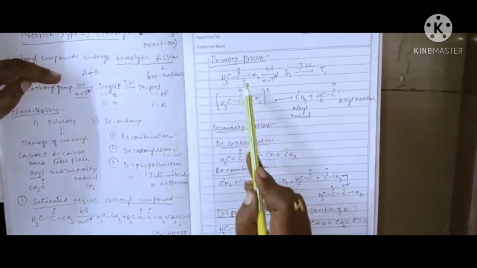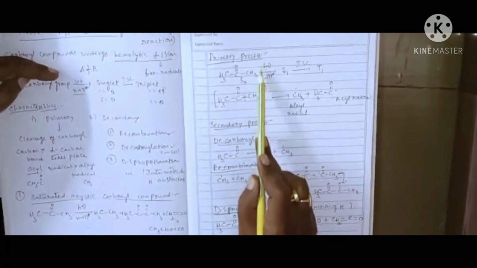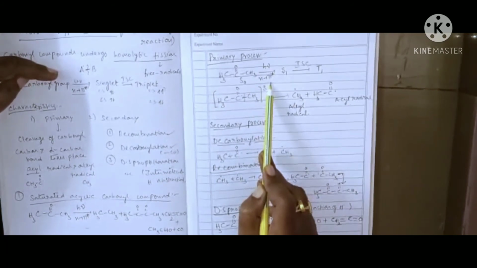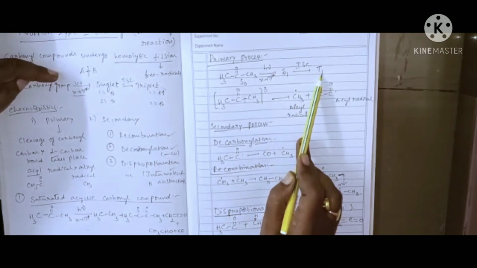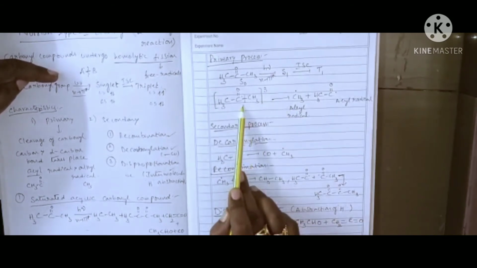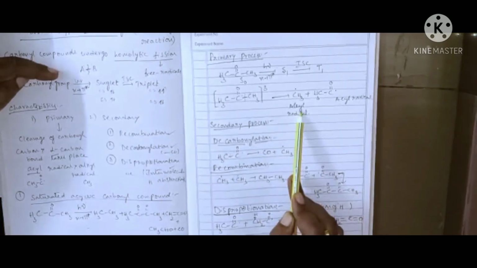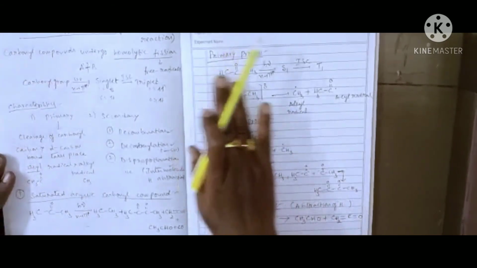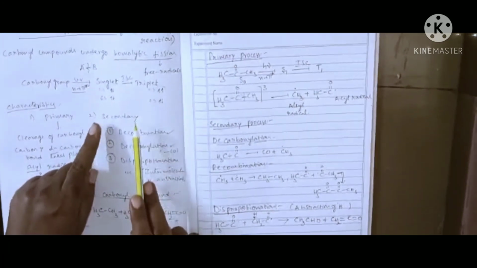So we can observe here. This is our compound acetone and it absorbs UV radiation, n to pi star transition takes place, singlet state and by intersystem crossing, it goes to the triplet state. Okay. And in the triplet state, homolytic bond fission forms an acyl radical and an alkyl radical. Okay. So that is about the primary process. And the secondary process explains this.